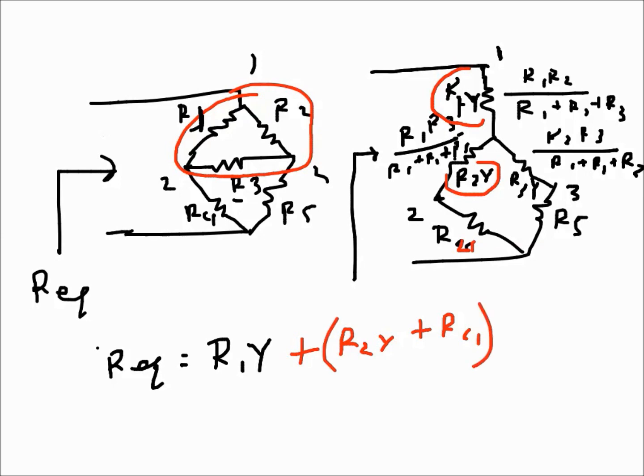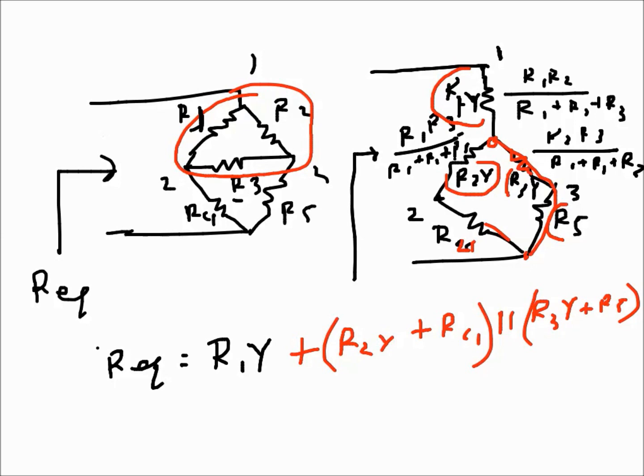And R3Y and R5 are also in series, and this series is in parallel with this one. So R3Y plus R5 is in parallel with R2Y plus R4.